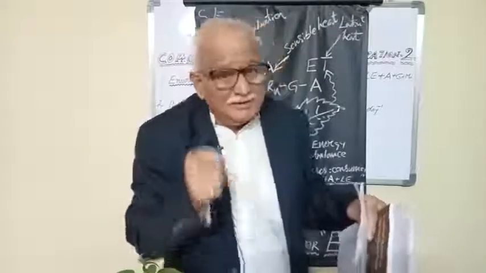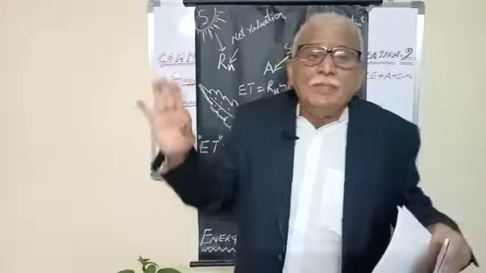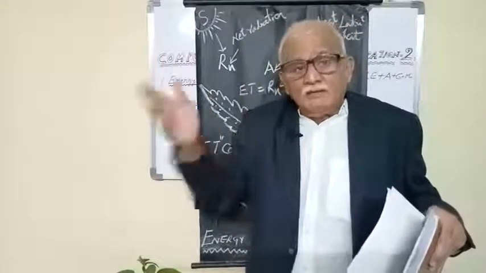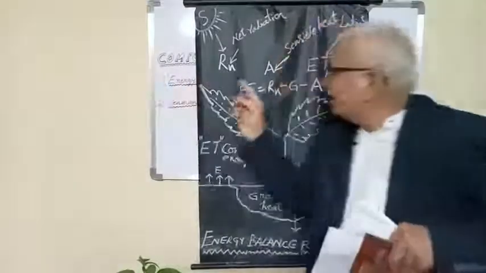Now, what I am interested to impress upon you is that net radiation only we take as far as energy balance methods of estimating, calculating or determining the evapotranspiration are concerned. What is the energy balance?